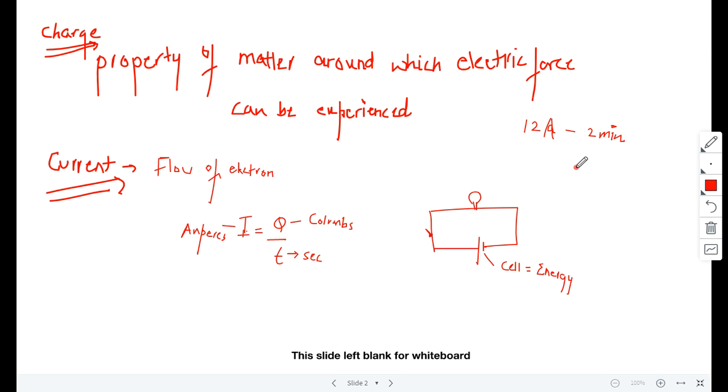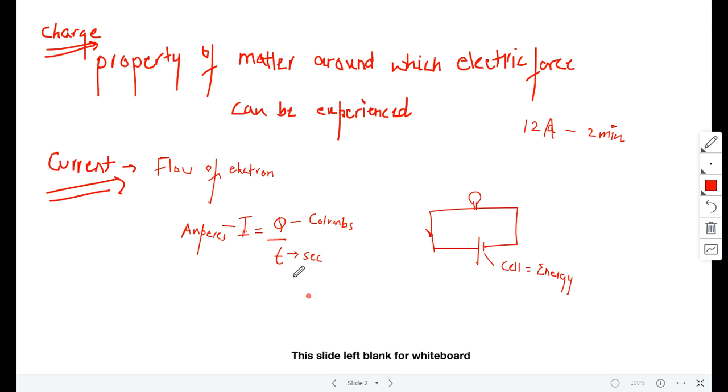What is the charge? Okay. So the charge will be 24.